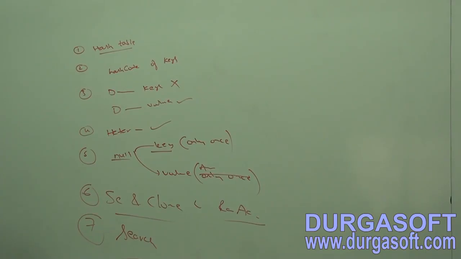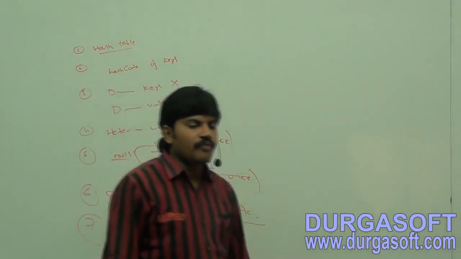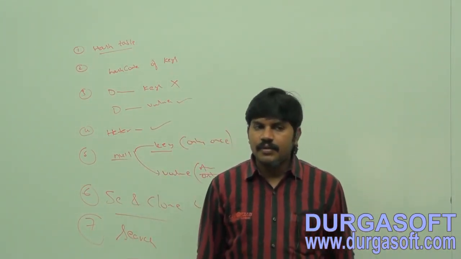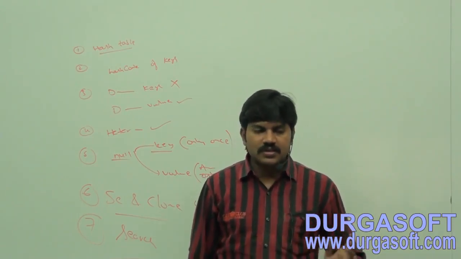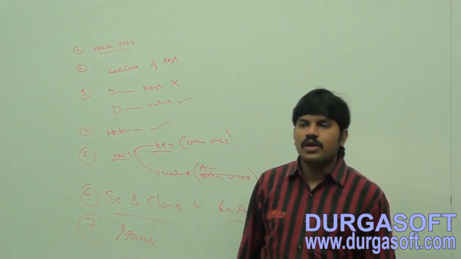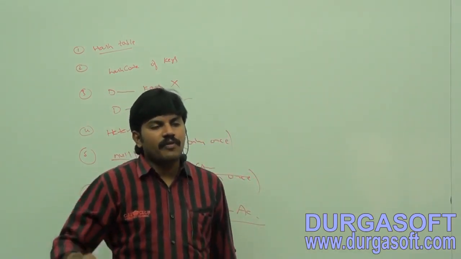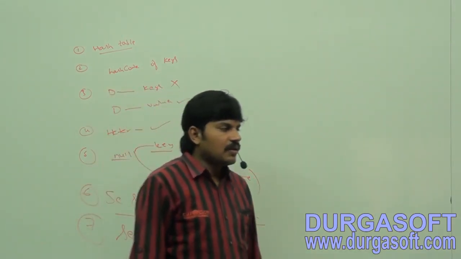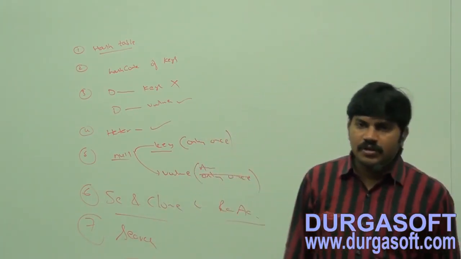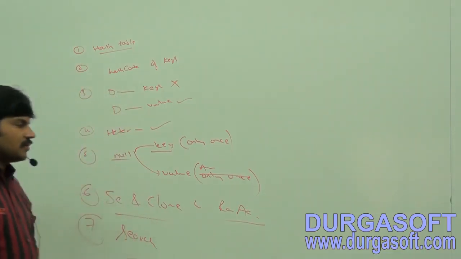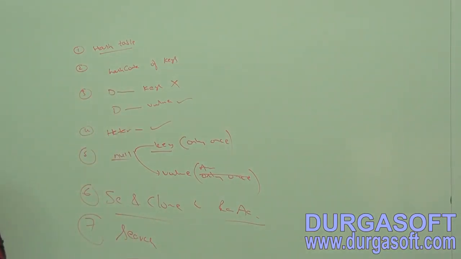Next, null is allowed for key, within bracket, only once. Next, null is allowed for values, within bracket, any number of times.